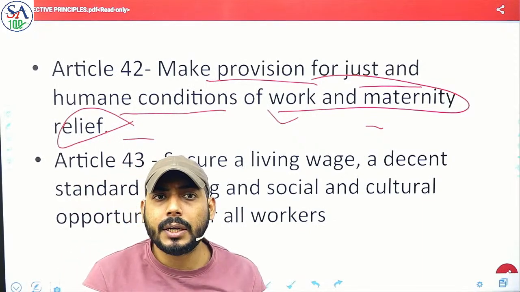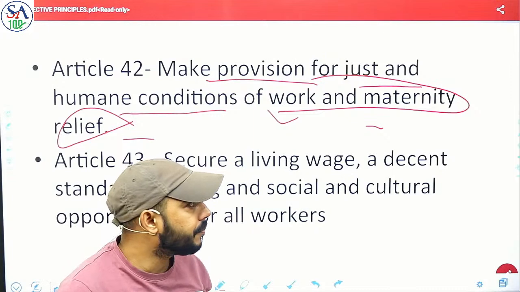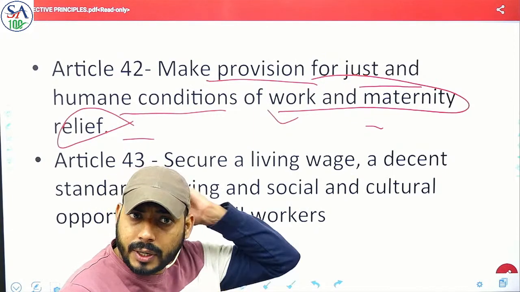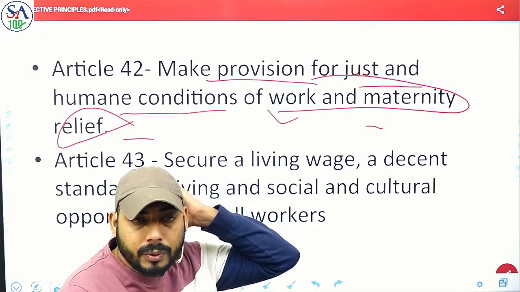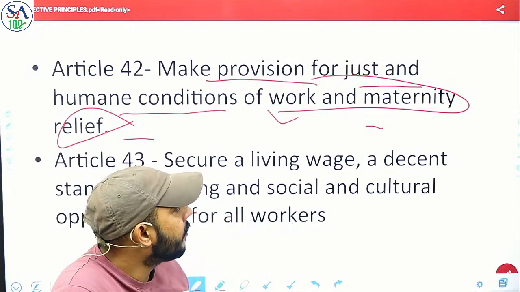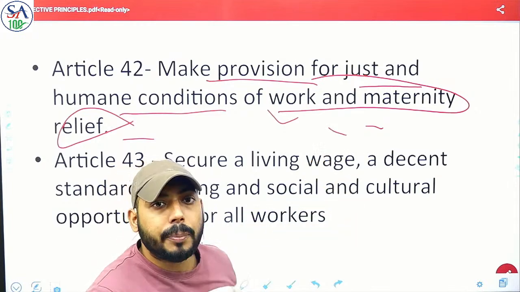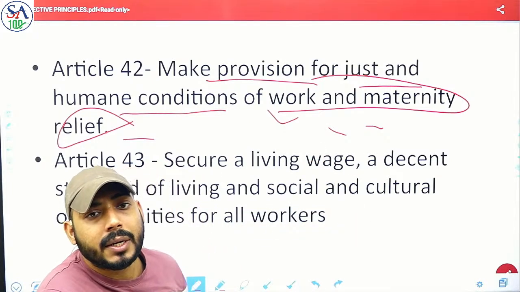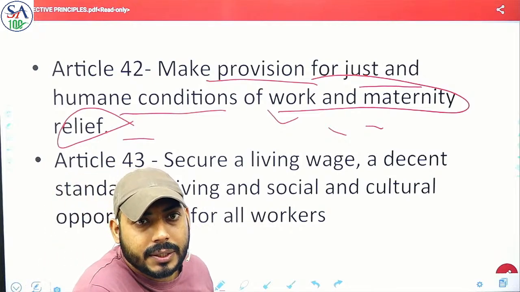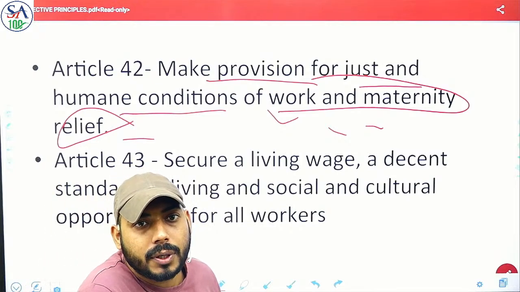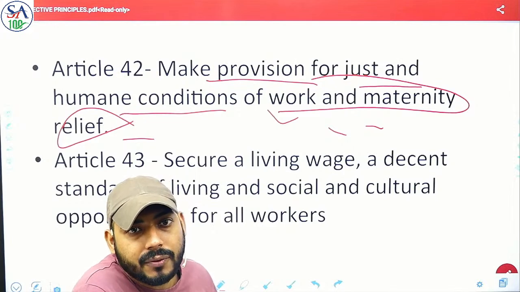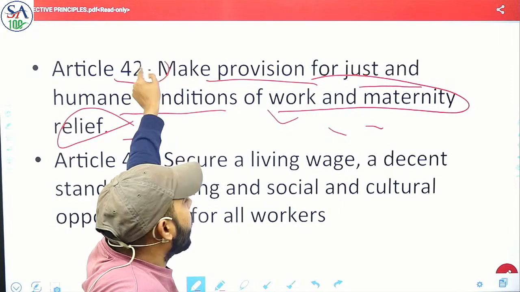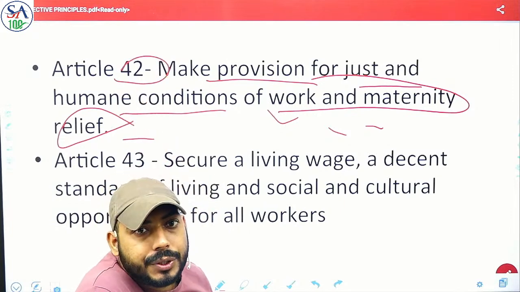Maternity relief is generally provided to women who are pregnant and who have given delivery. For example, the Maternity Act was passed in recent times and the period of that leave was extended for them. That was done under Article 42 of the Indian Constitution.